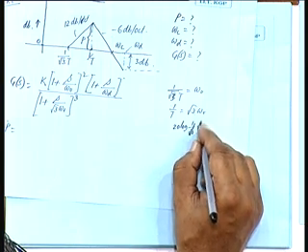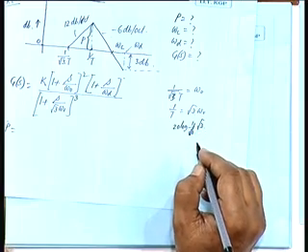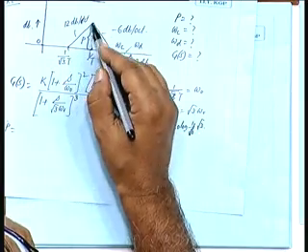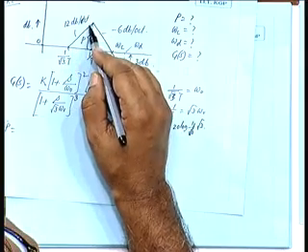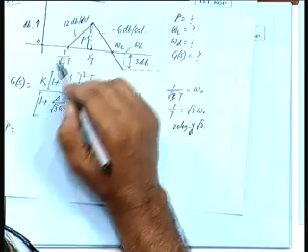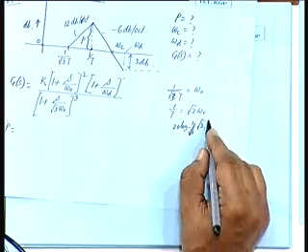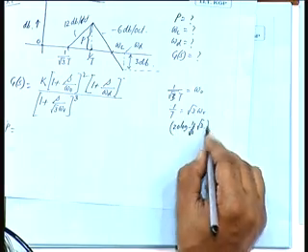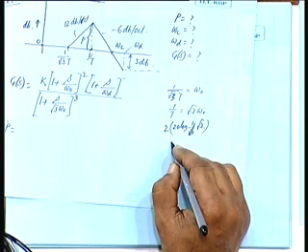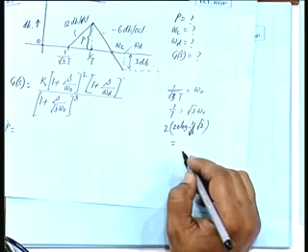Log of root 3, sorry, 20 log of root 3. 12 dB per octave means 40 dB per decade, all right. So, 20 log of root 3 into 2, n is equal to 2, is it not? So, how much is it?